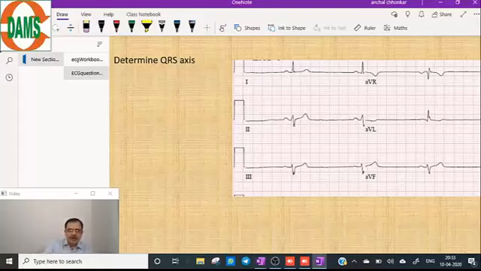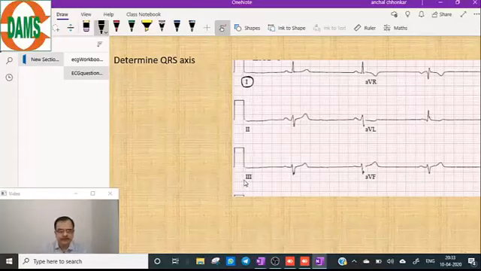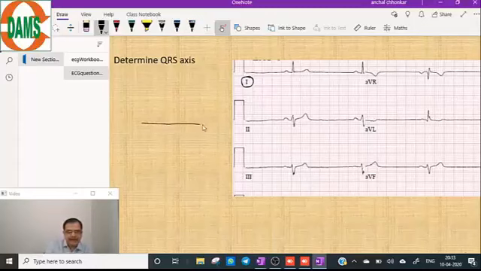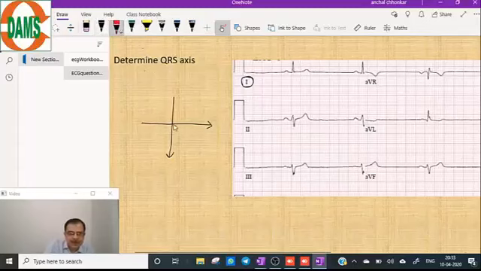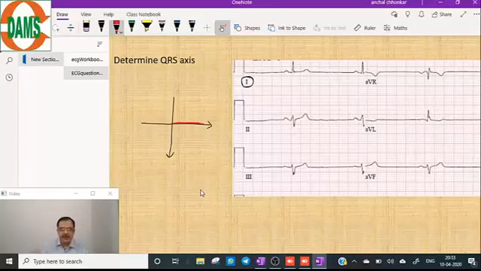For the axis, I will look into two leads. So here I will look into lead one. Lead one here is positive.